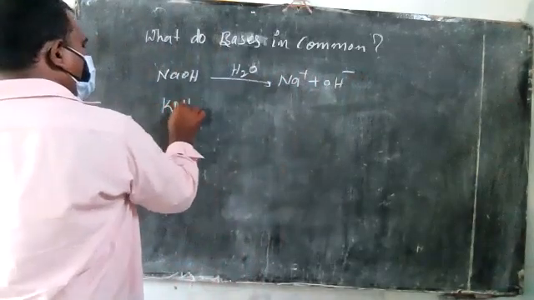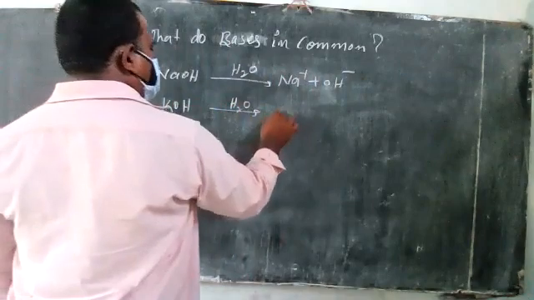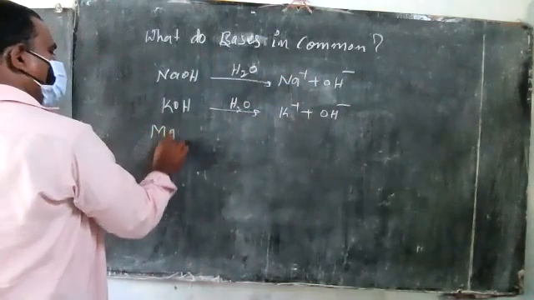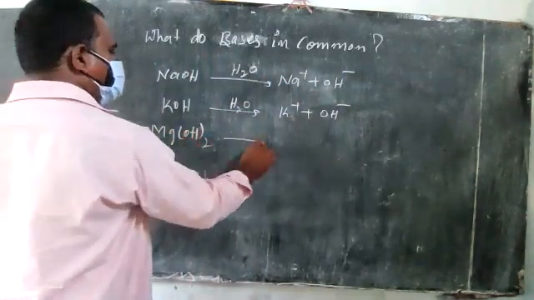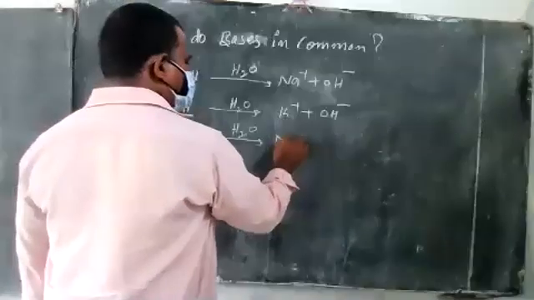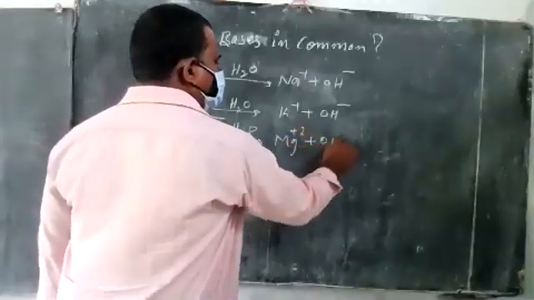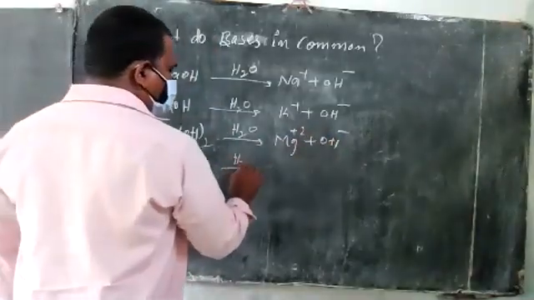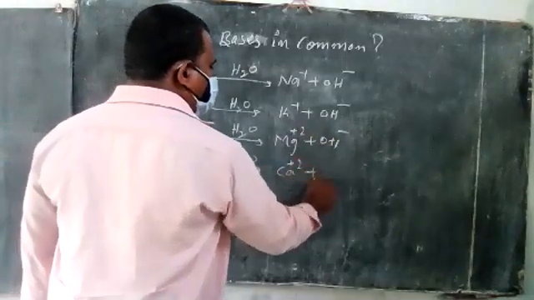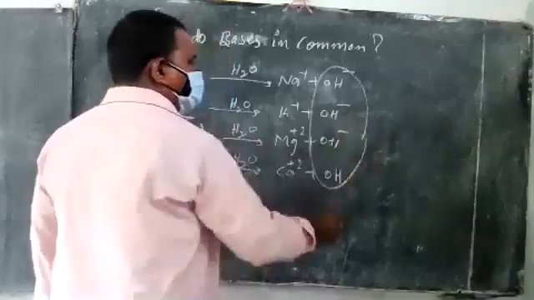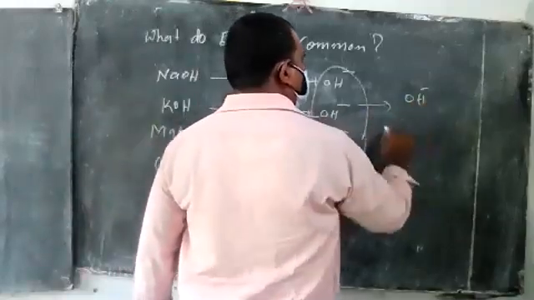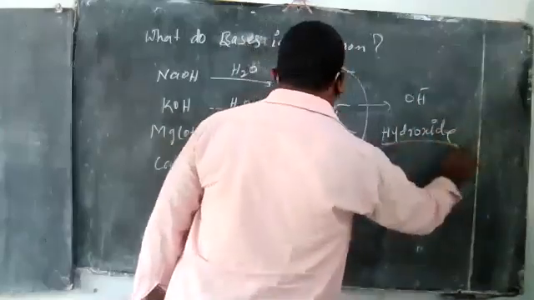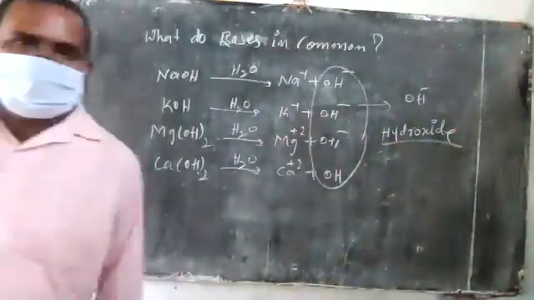Next KOH divides into K+ and OH-. Now magnesium hydroxide, milk of magnesia, divides into Mg 2+ and 2 OH-. Now lime water divides into Ca 2+ and OH-. So what the bases have in common is the OH- hydroxide ion.